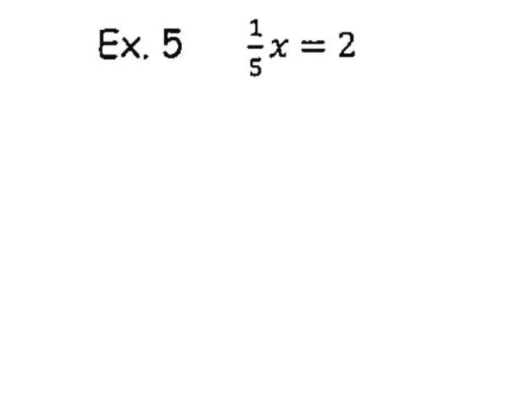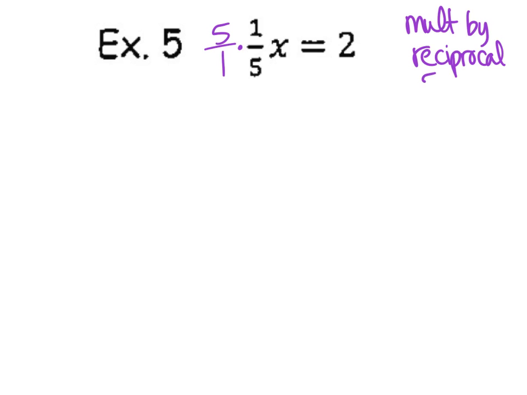Instead of dividing, which you can't do, I need to do something else. Multiply. I multiply by what? 5/1. That's what I'm looking for. Multiply by the reciprocal, both sides, which is 5/1.